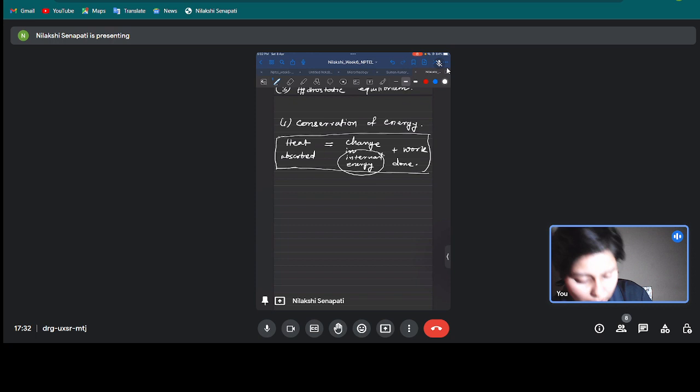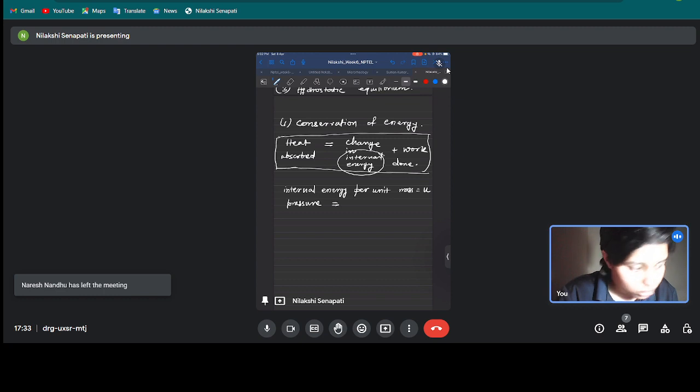The other parameters which we'll be using are mostly all thermodynamical parameters. First of all, the internal energy per unit mass, that is U. Then pressure.